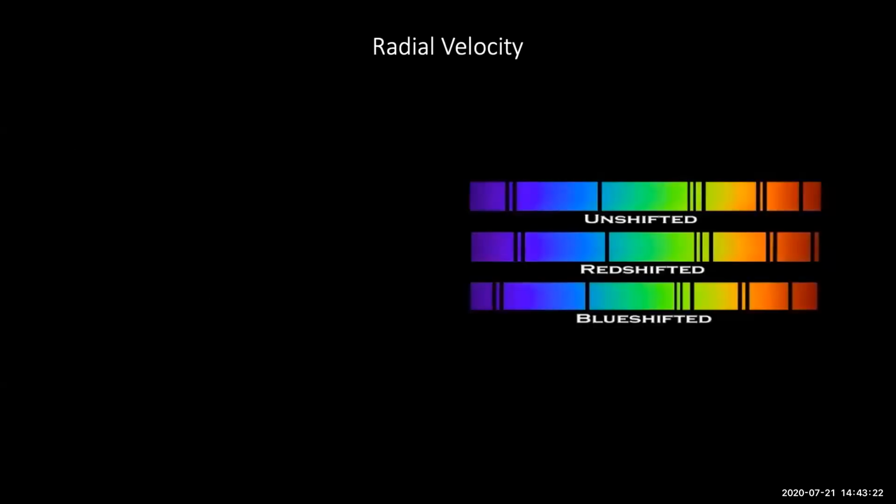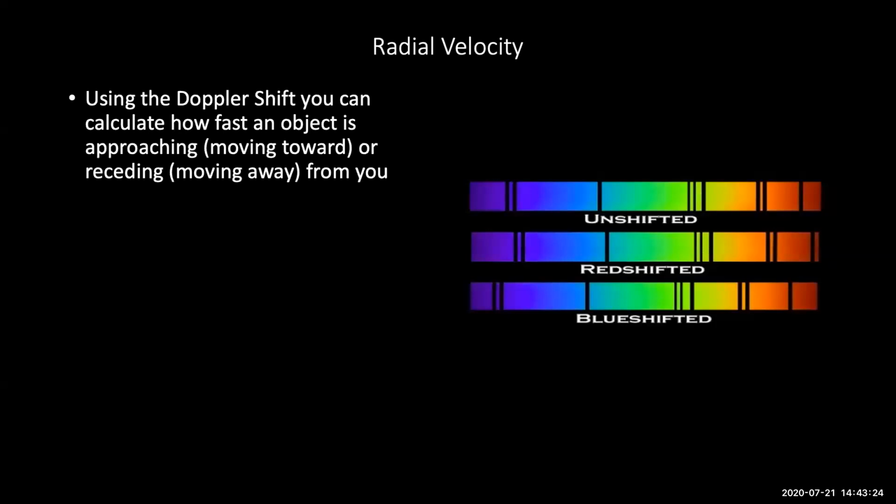So how does this work? Well, if you know where these absorption lines are supposed to be, you can actually tell if an object is coming towards you or moving away from you. So for example, in this example, we have an unshifted line. Take a look at these two lines here, which I think are supposed to represent part of the hydrogen spectrum.